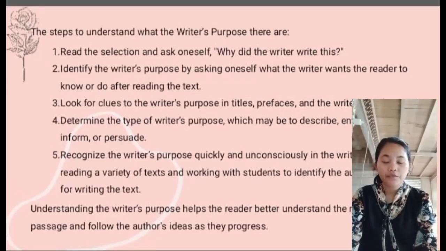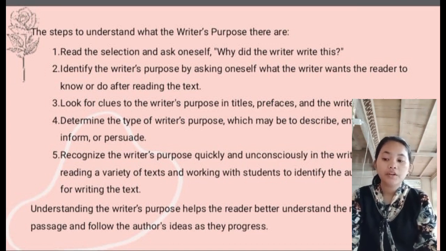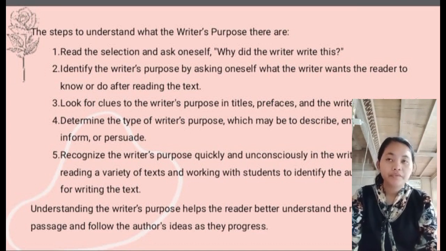Thank you for the time you have given to me, and now I would like to continue to explain the steps to understand the writer's purpose. So, there are steps. The first: read the selection and ask oneself why the writer wrote this.